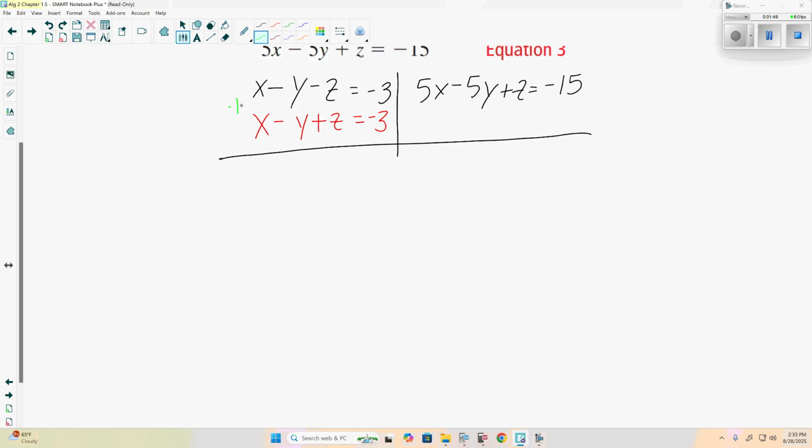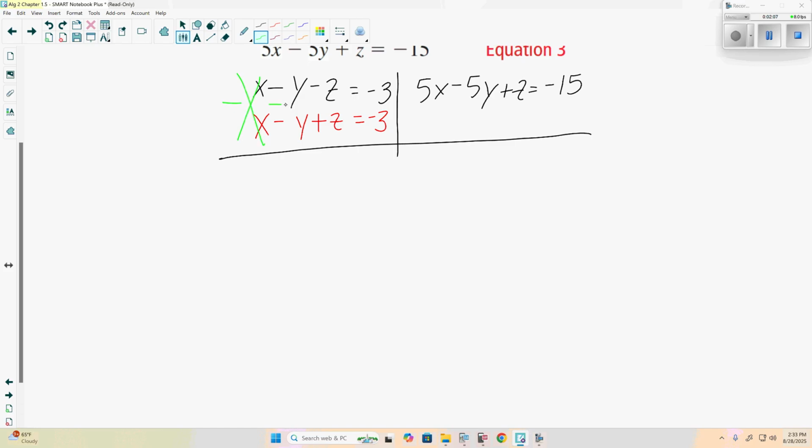Now this here we can either add or subtract, because we want the x's to become 0. So if we add, x plus x is 2x. So we're not able to add these 2 together, but we could subtract, because x minus x is 0.